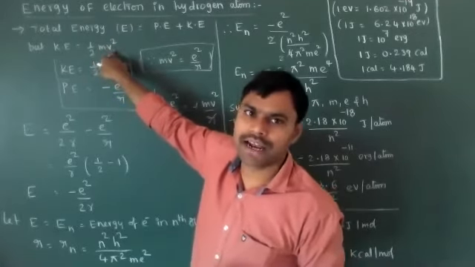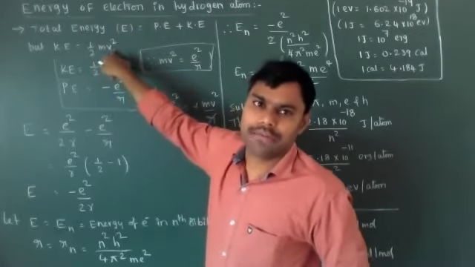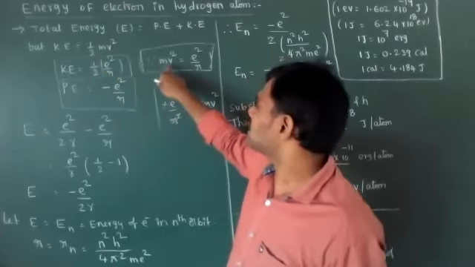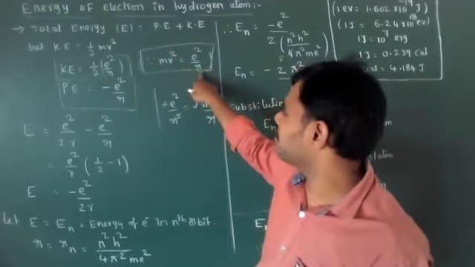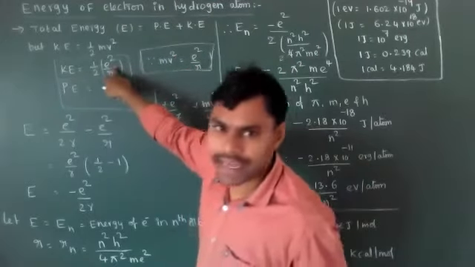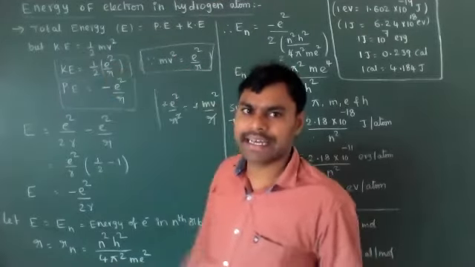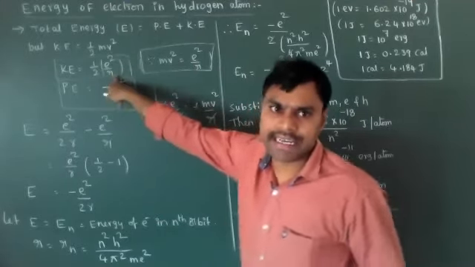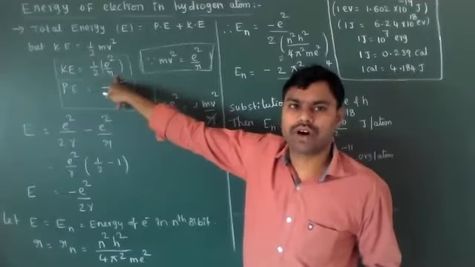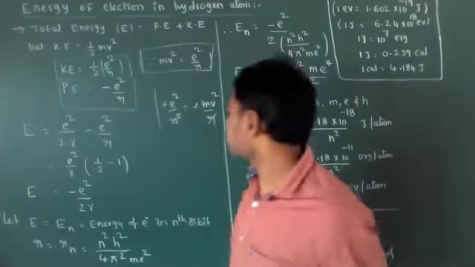But we know that mv square is equal to e square by r. Substituting that value here, the kinetic energy is equal to e square by 2r. So the kinetic energy is e square by 2r.